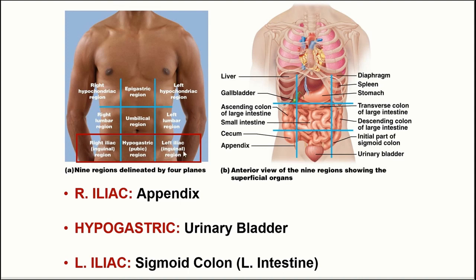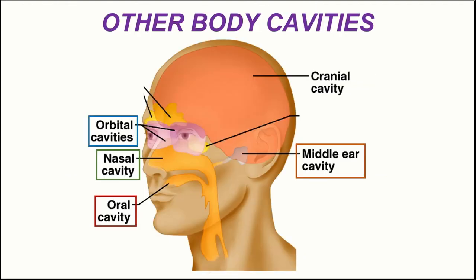The left iliac or left inguinal region contains an S-shaped region of the large intestine called the sigmoid colon. This word sigmoid just means S-shaped. So this is an S-shaped bend in the large intestine, and it's found within the left iliac or inguinal region. So that does it for the major body cavities.